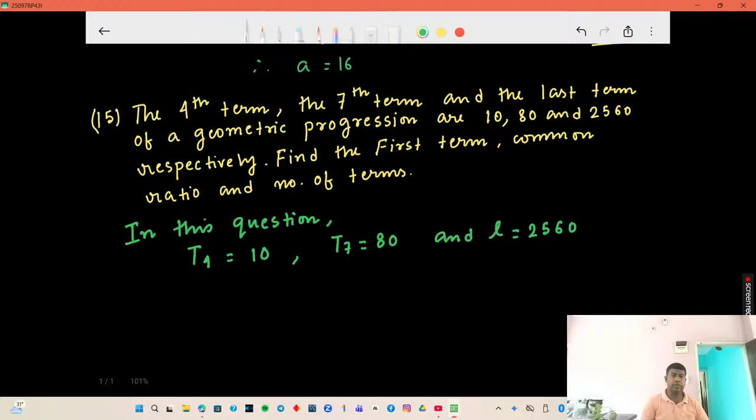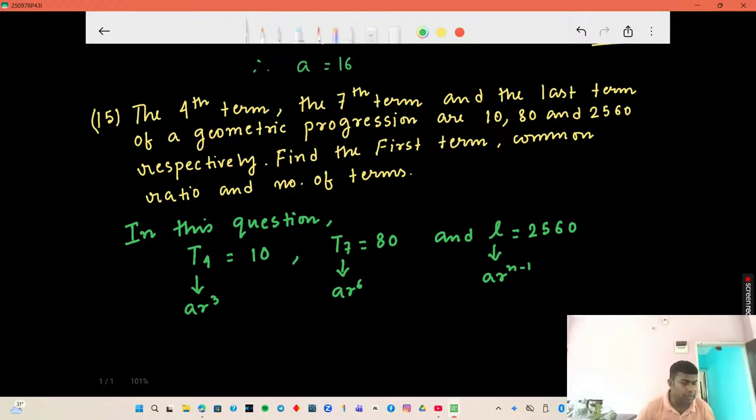So what is the value of T4? The value of T4 is AR cubed. The value of T7 is A R to the power 6, and the value of L, the last term, is A into R to the power n minus 1. Is it clear to you?